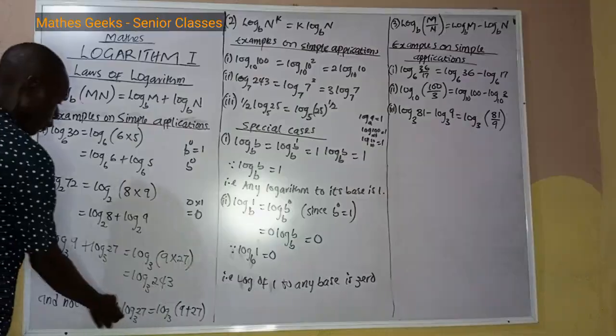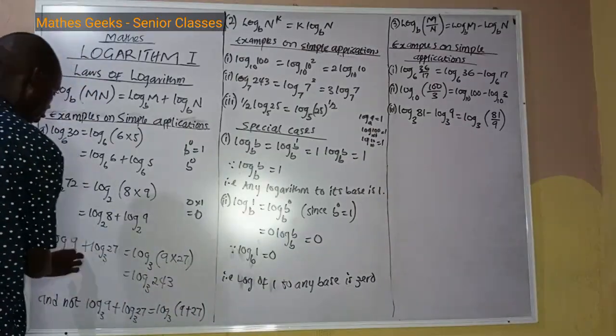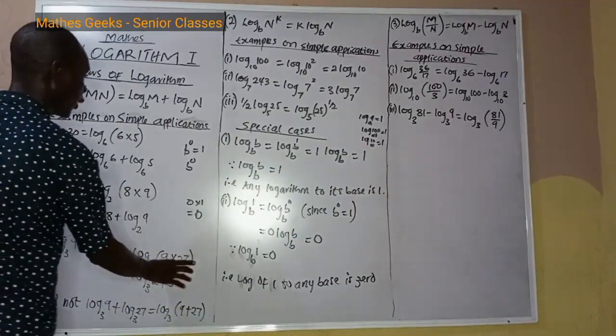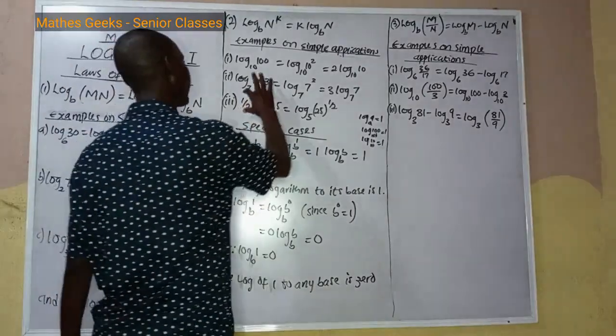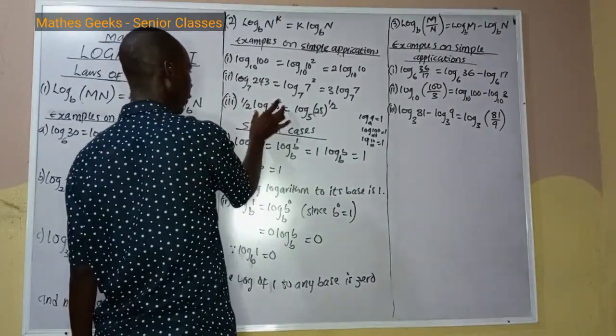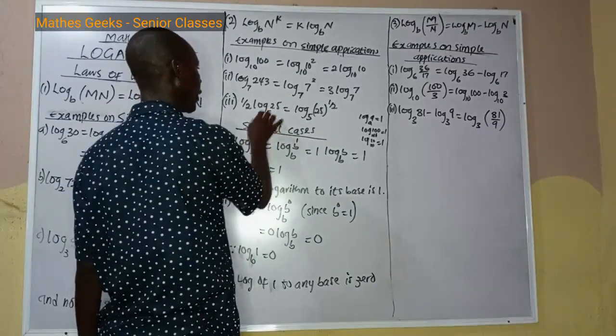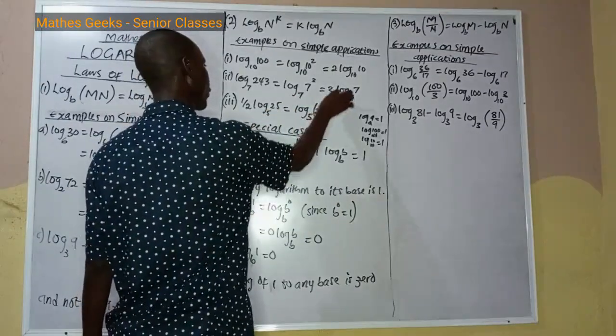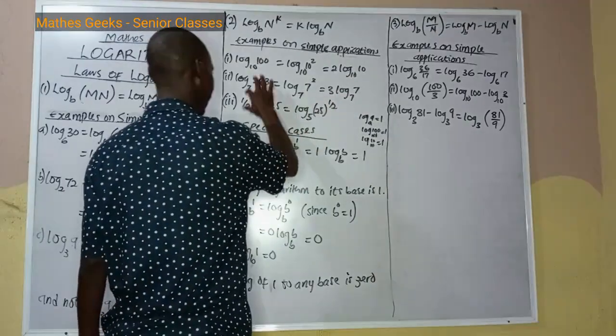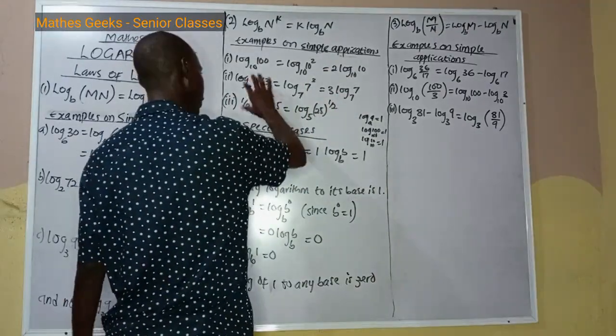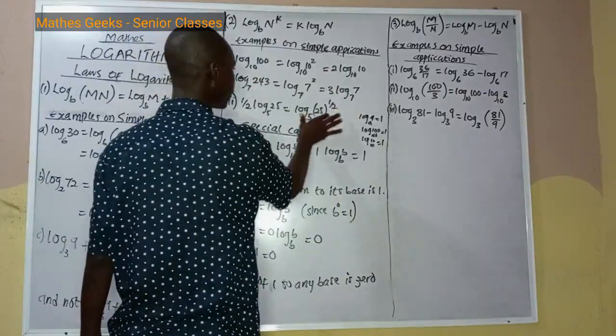For you to have addition on this side, it means that there was multiplication here. And same thing here, for you to have 1 over 2 at the back of this expression, log 25 to the base 5, it shows that 25 was raised to 1 over 2 initially for you to get this. So if we have this form, we can have this part here.